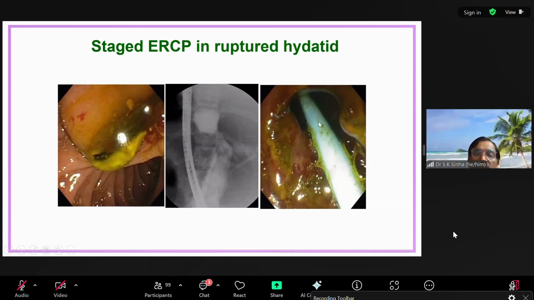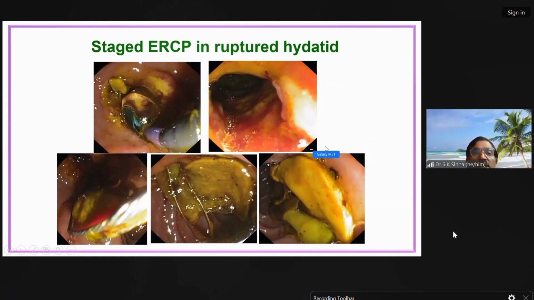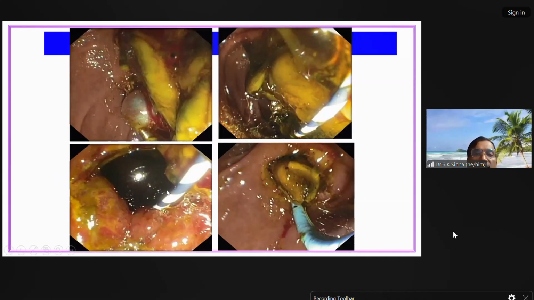So sphincterotomy is done, clearance is done, and then a stent will be placed in those patients. It will be done in a staged manner. So these are the hydatid membranes when we extract. This is how it looks. So remember this appearance, and this is the balloon which is used for extraction of these membranes.